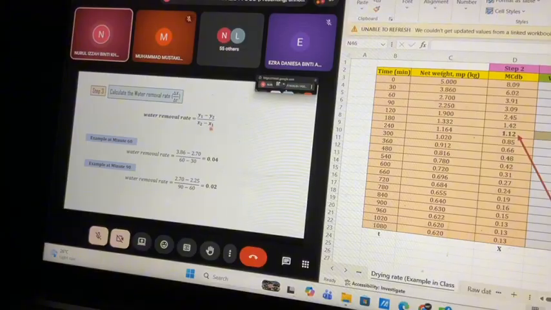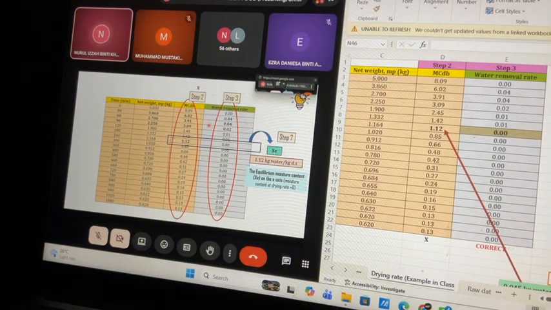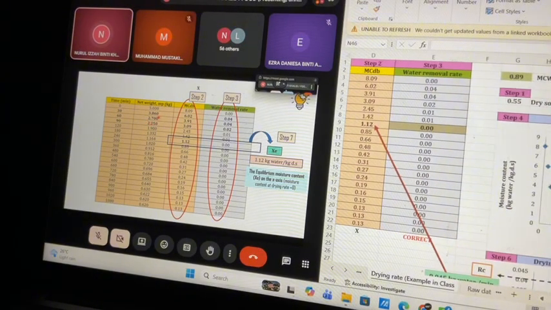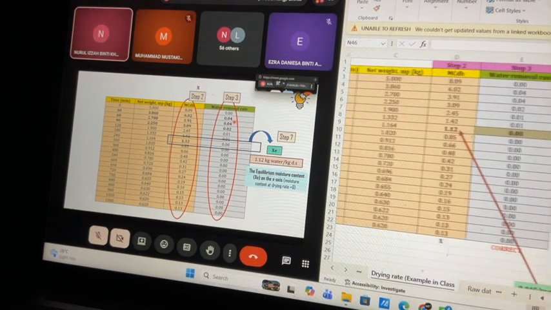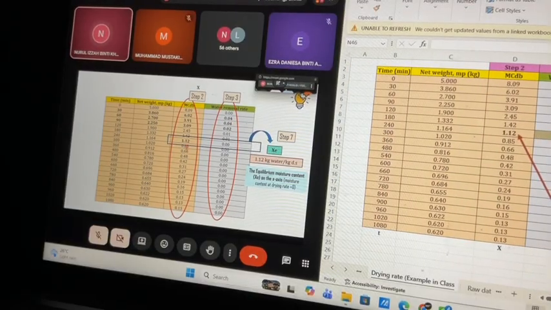So the moisture content, for example at 60 here, is 3.86, you minus the 2.7, so you know how much water is removed in 30 minutes, divided by 60 minus 30, you will get 0.04. So you will do it for each of the times. You calculate the moisture content on a dry basis for each time, and also the water removal for each time. So that's how you get this step 3.